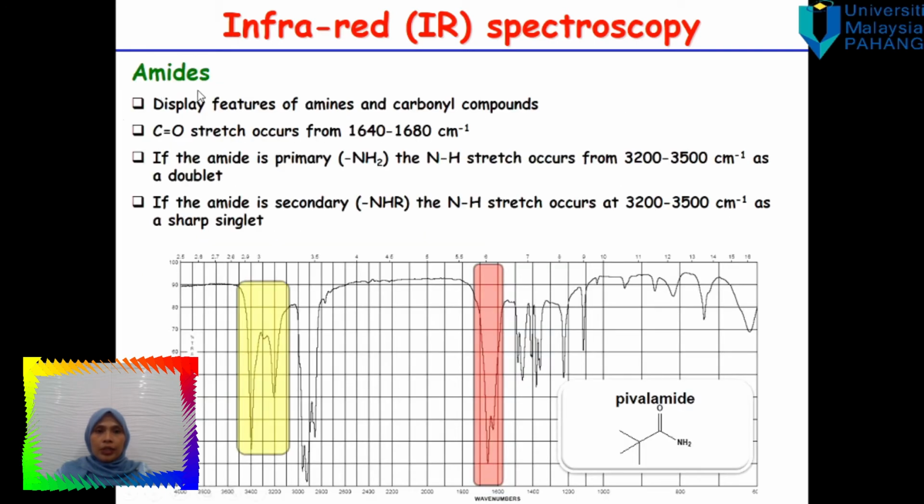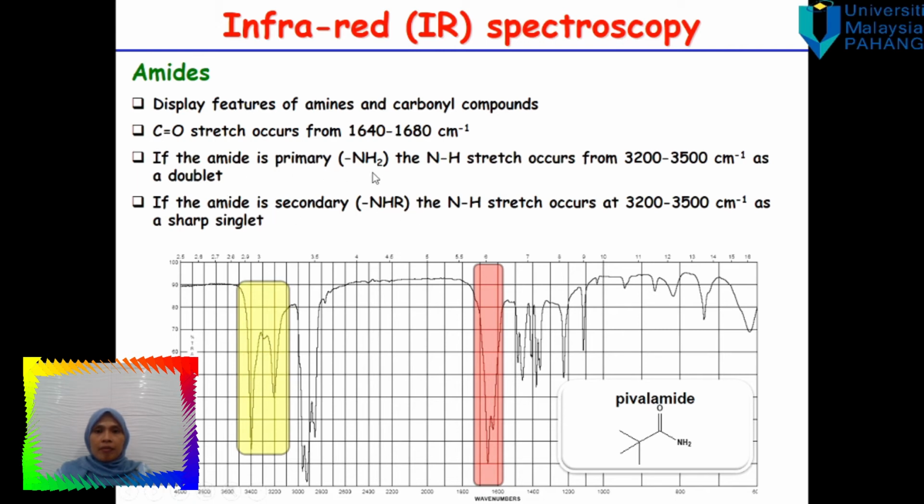And now we go for the amide. In amide, we can see the carbonyl group falls at quite lower energy, 1640 to 1680. When we see this, we can differentiate between primary amide and secondary amide.